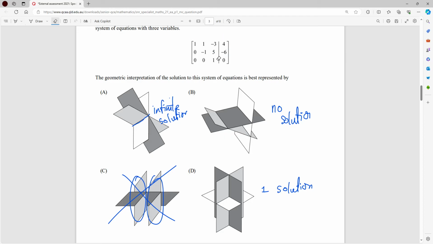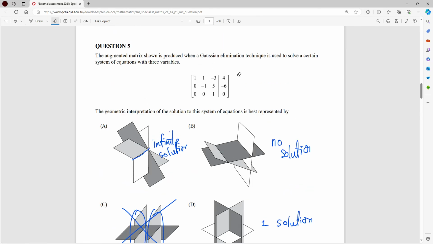Now, when looking at the Gaussian, if you have an infinite solutions, then you would have all zeros on the bottom. Because remember, these rows and columns represent your x's and y's. So for example, this plane here is the plane 1x plus 1y minus 3z equals 4.